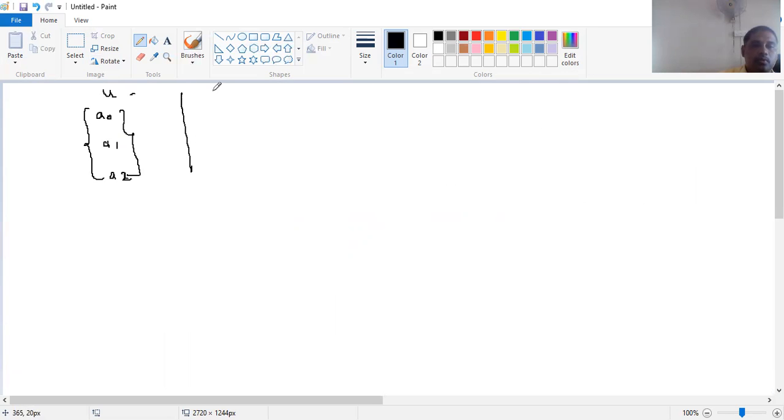Similarly, for deflection in the y direction, we need to find a3, a4, and a5. So these 6 unknown parameters we are supposed to find. So how to find these 6 unknown parameters? We'll be having the equations like this.